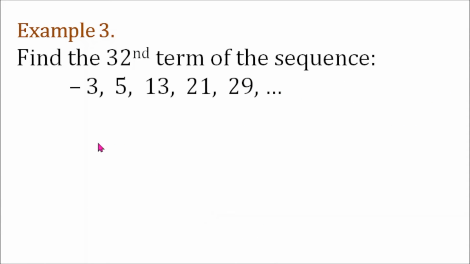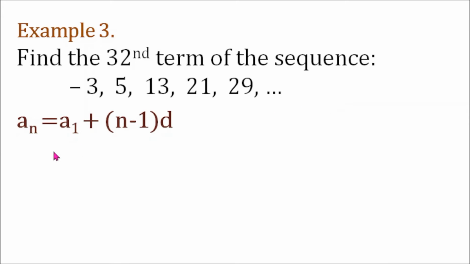Example number 3. Find the 32nd term of the sequence -3, 5, 13, 21, 29, and so on. Here we will just use the formula a sub n equals a sub 1 plus the quantity n minus 1 times d, because if we use the listing method, our list is going to be very long.